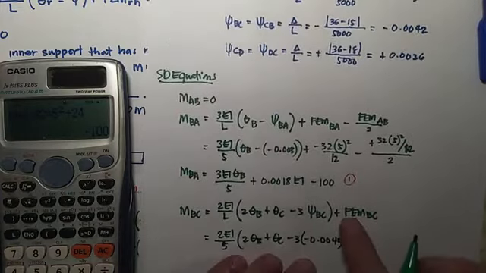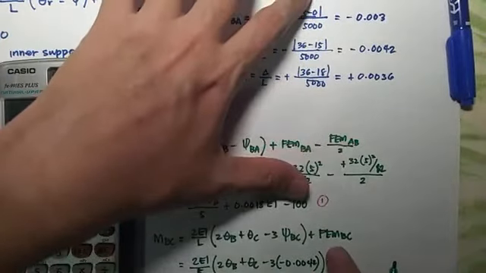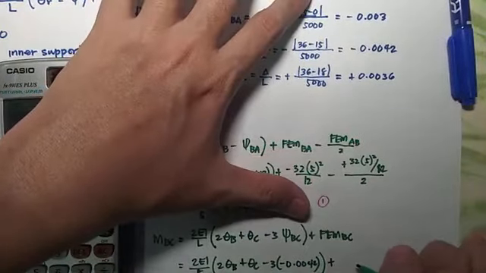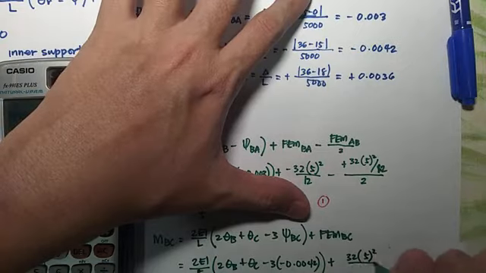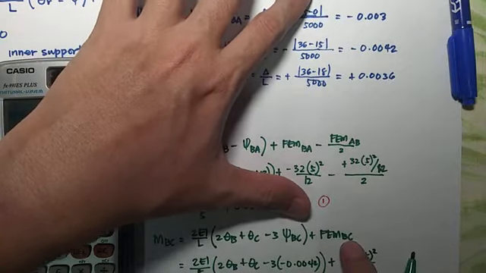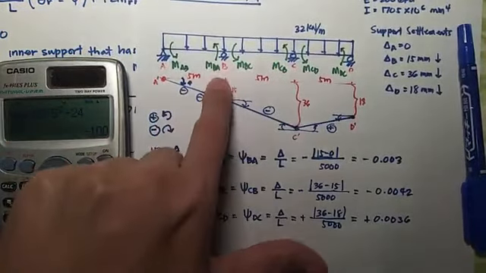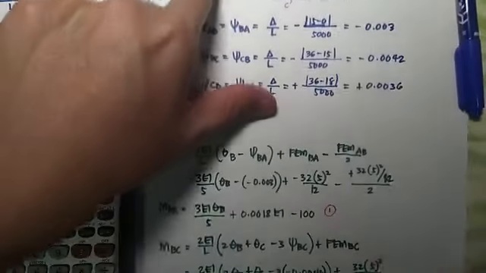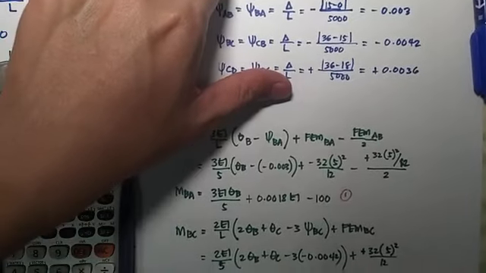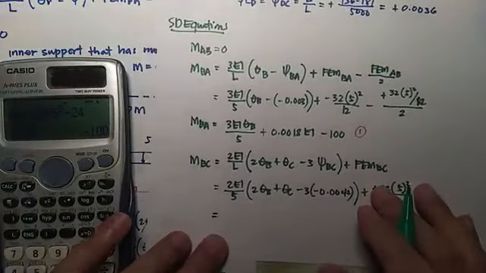Plus, what is the FEM for BC? FEM sa BC, uniform load, diba? So, WL square over 12. W is 32. L is 5 over 12. Okay, yung BC, ito yung BC sa kaliwa. So, sa kaliwa is counterclockwise, diba? Ang fixed end moment. Okay? So, that's positive. So, yan ngayon yung equation natin for MBC.